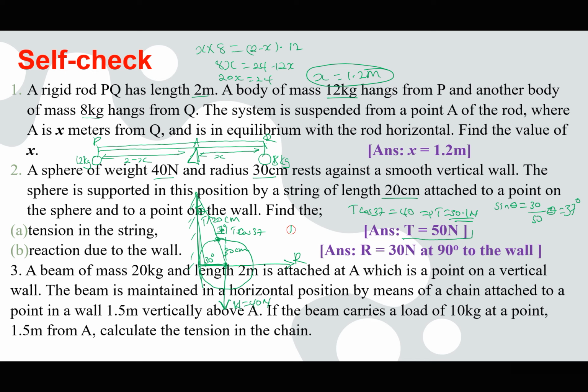So T in the horizontal is going to be T sine of 37, which should be equal to R, because T sine 37 points to the left to balance the normal reaction R. But remember, T is 50.1, so it means R is just going to be 50.1 sine of 37.